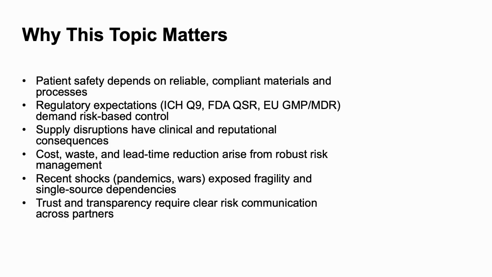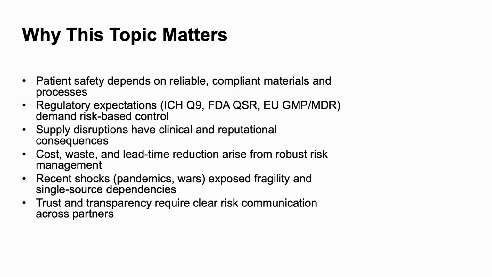In the device context, FDA's Quality System Regulation, 21 CFR Part 820, embeds risk concepts through design controls, supplier controls, and process validation. In the pharmaceutical context, EU GMP, US CGMP, and GDP reinforce that quality must be built into the product and maintained throughout distribution.